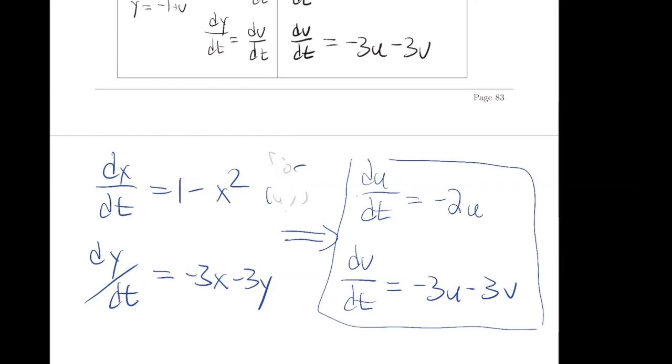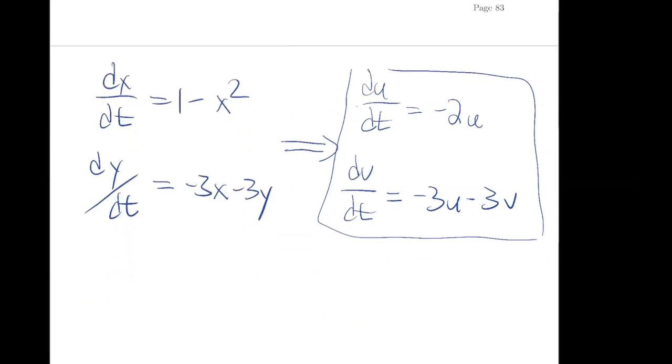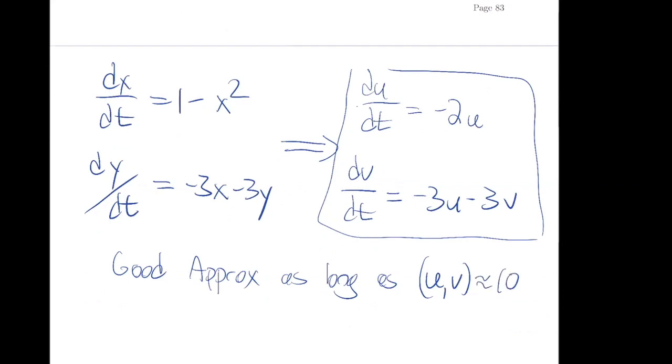And let me just say, this is a good approximation as long as u and v are both small values.